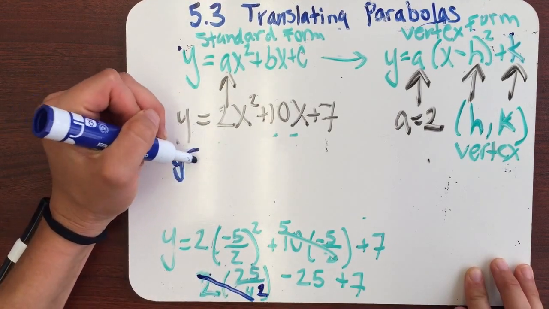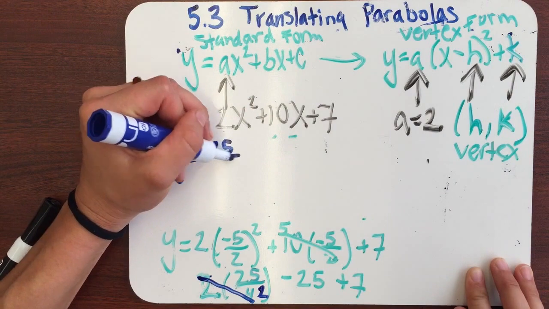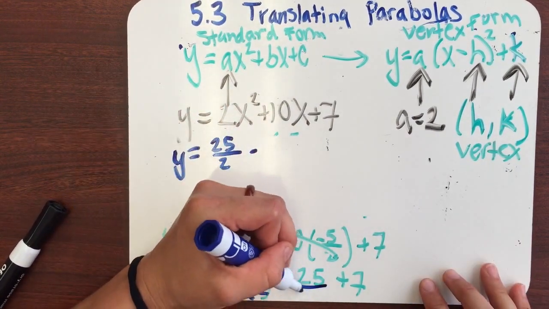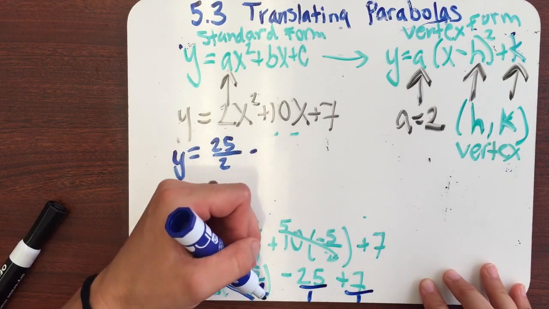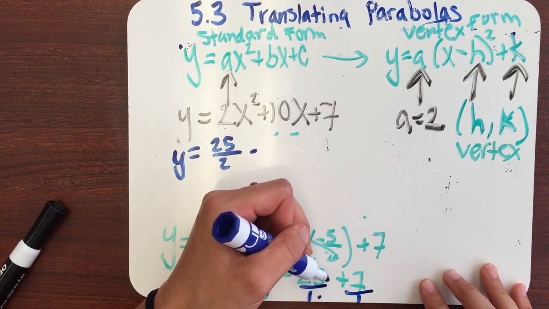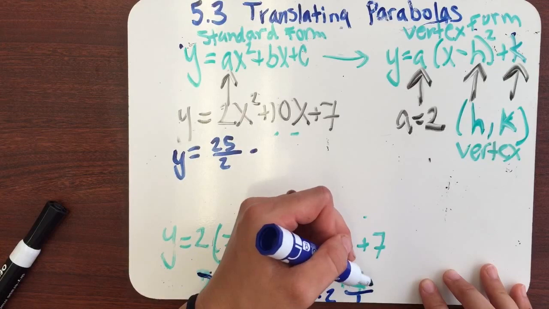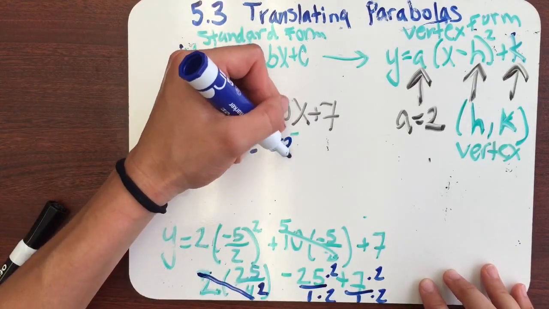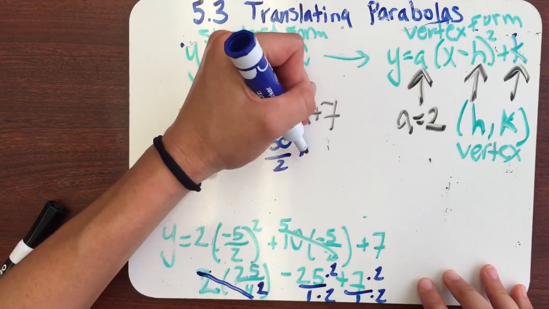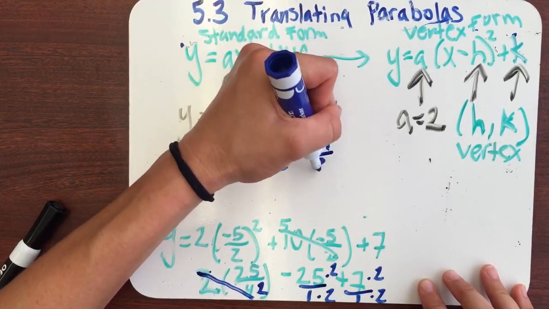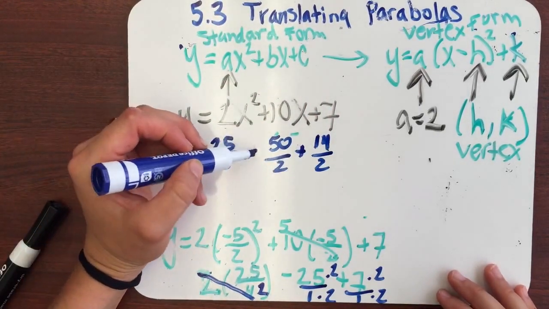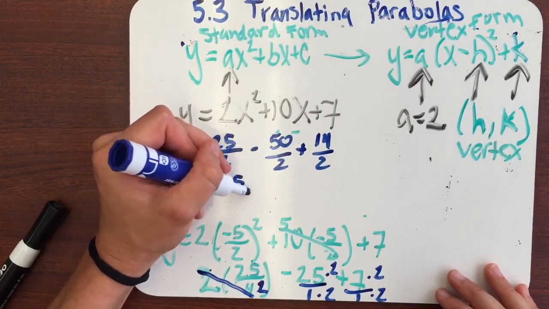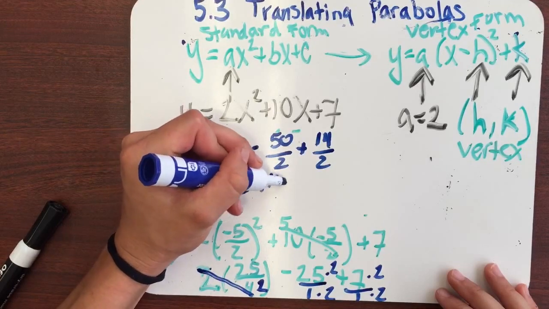So now we have y is equal to 25 over 2 minus 25 plus 7. We can put these both over 1 and get a common denominator of 2. So we'll multiply the top and bottom by 2 here. That will be a minus 50 over 2 plus a 14 over 2. 25 minus 50 is a negative 25 over 2 plus 14 over 2.